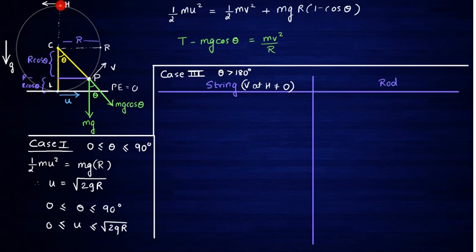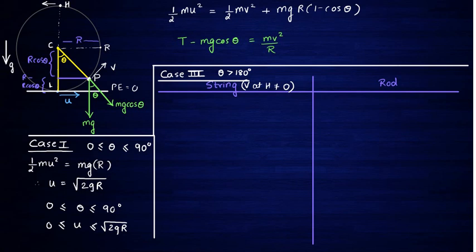That is not allowed. The particle, we are assuming, has to necessarily complete the vertical circle. So at the highest point, we cannot put the velocity equal to 0.